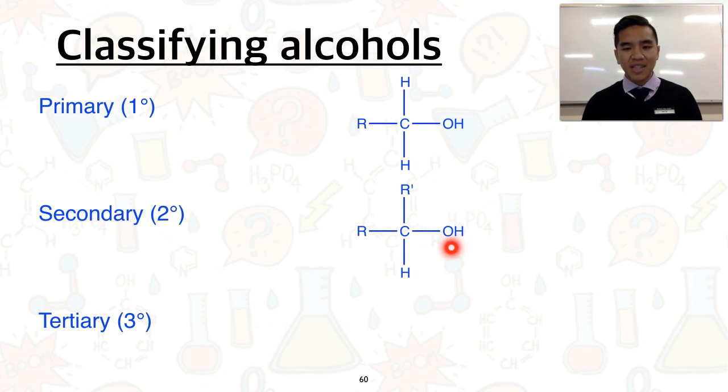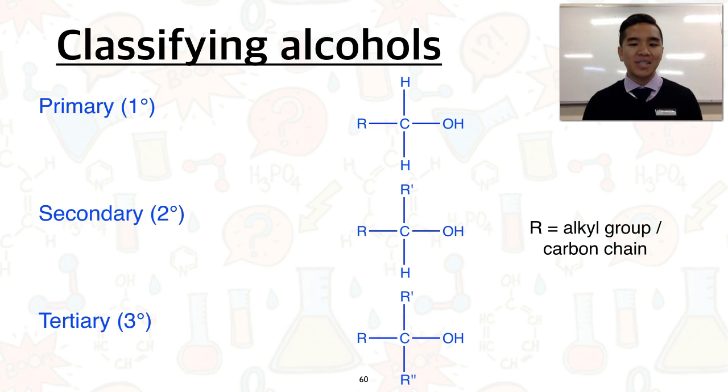In this case the hydroxyl group is bonded to a carbon that is itself bonded to two other carbon atoms or two other hydrocarbon chains. So this is what makes it a secondary alcohol. And finally, with the tertiary, we can see that the carbon bonded to the hydroxyl group is itself bonded to three other carbon atoms. So you just determine how many carbon atoms the carbon bonded to the OH is itself bonded to, and that will determine its classification.